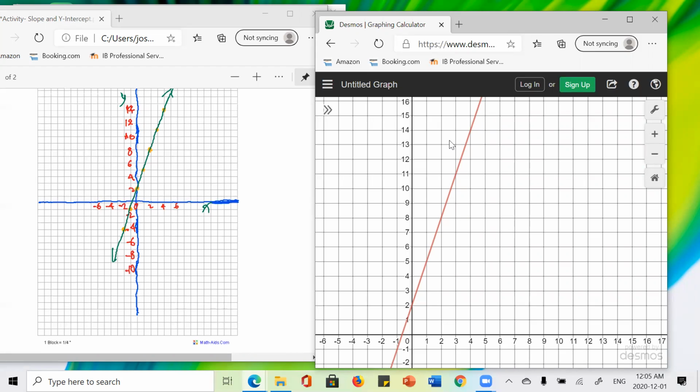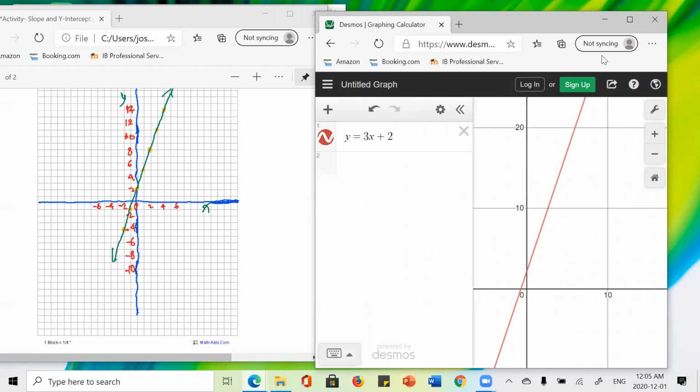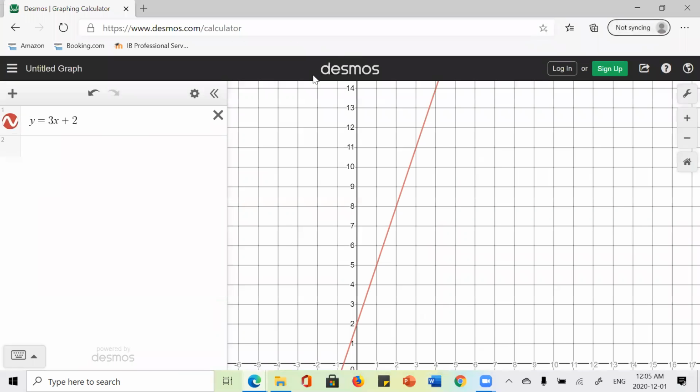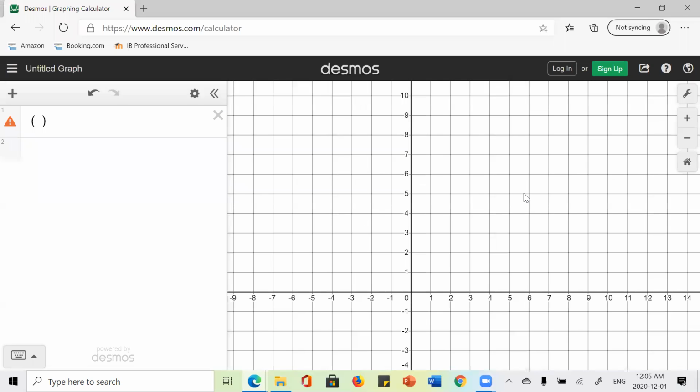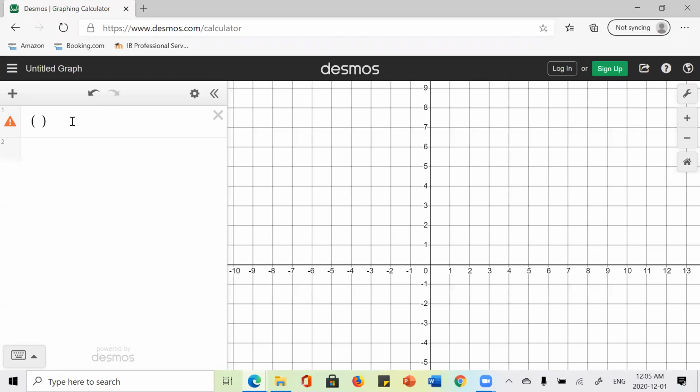Now, another really important little tool here for Desmos, I just want to show you a couple more little tricks here. If you, for whatever reason, need to just plot specific points, so let's say in the last example, we were actually plotting out the points first, and then we joined them using a line. You can certainly use Desmos for that as well. So it's not just equations. Let's say, and I believe the first one was -2 and -4. If I want to plot -2 and -4, there it is.